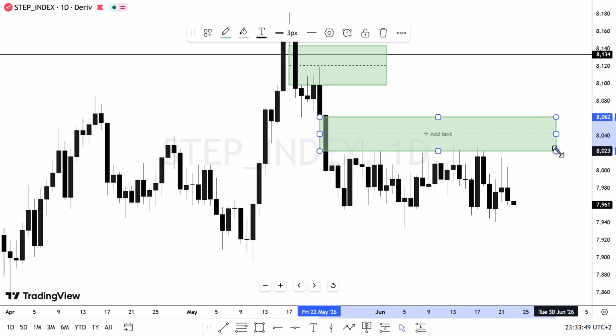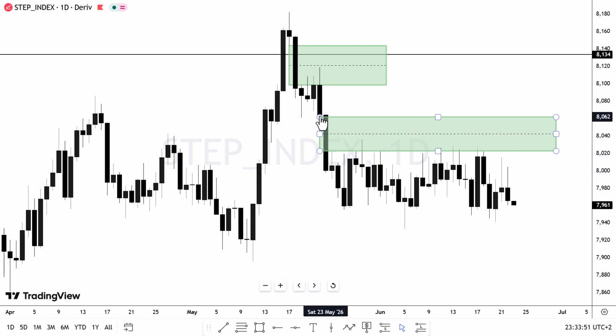and right about here. So we are utilizing these two inefficiencies from May's price action, which is telling us that it does not want to go higher, and it does not leave any candlestick bodies inside of the fair value gap. Now, whenever I see that, that is a confirmation for a bearish bias.